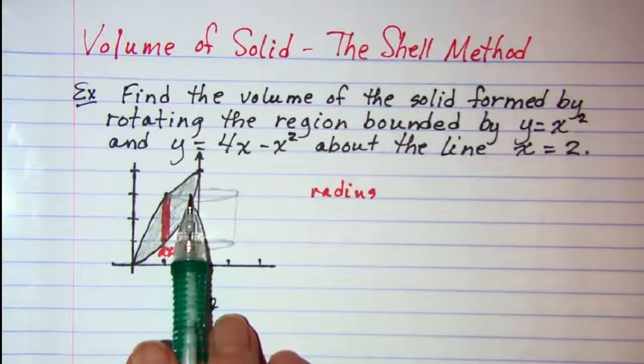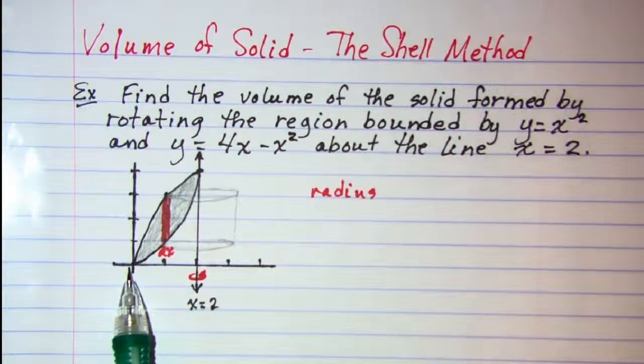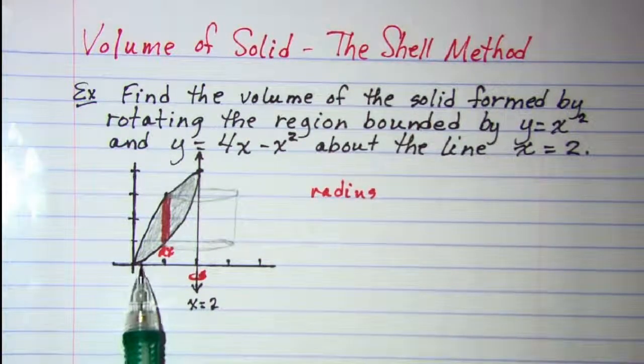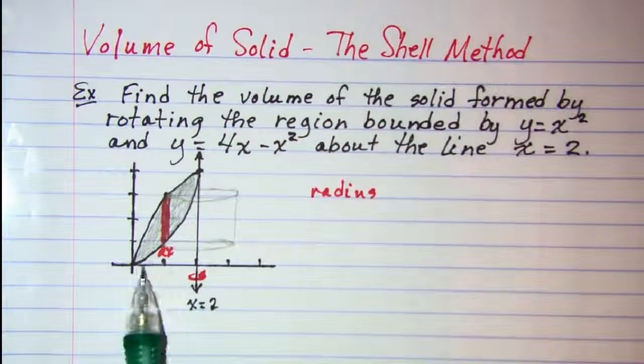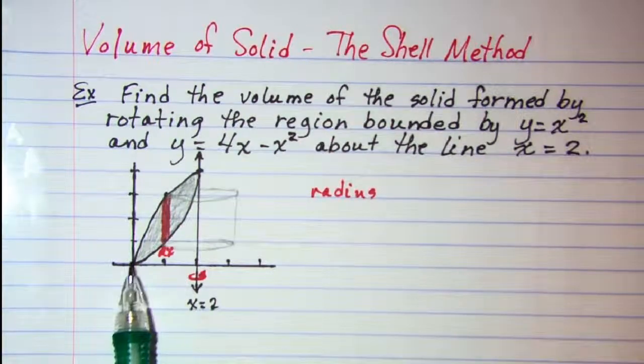So if I had a 0, I wouldn't be able to say that my radius was 0, so I can't use just x as my radius.